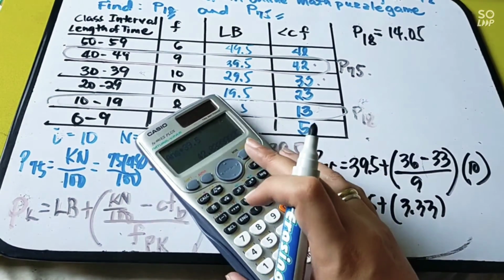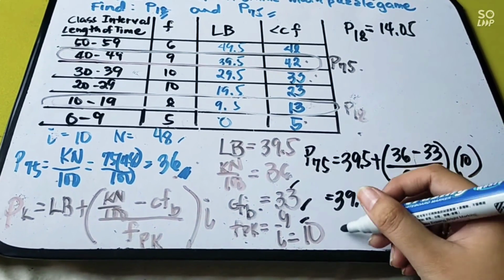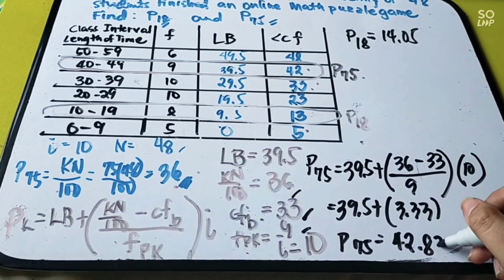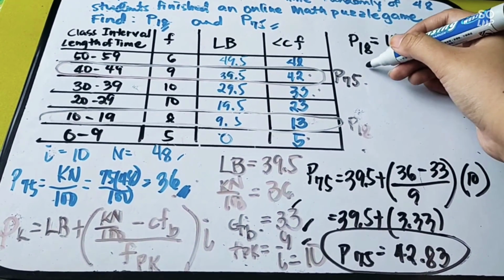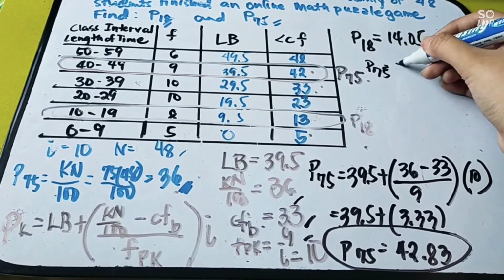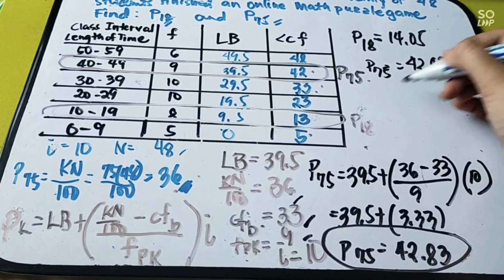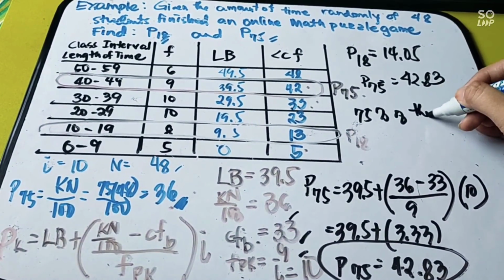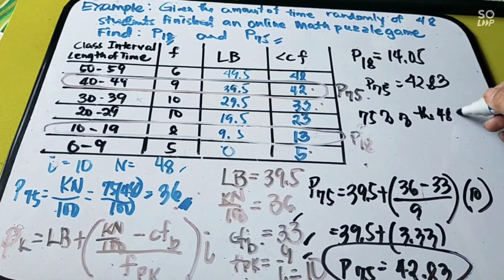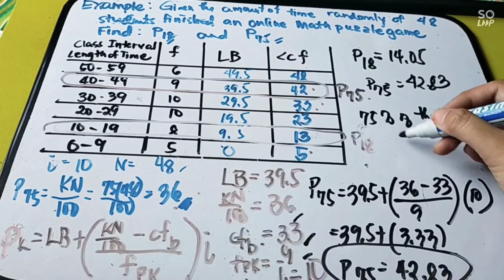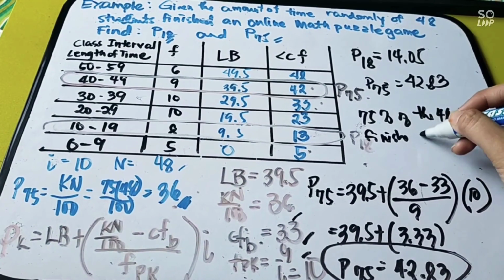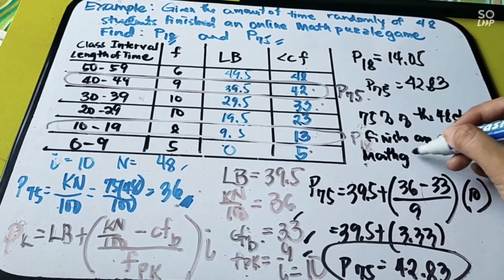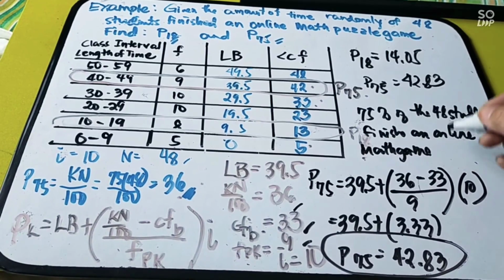So, the answer is 42.83. So, P sub 75 is 42.83. Yan. So, meron ka na. P sub 75 is equal to 42.83, meaning 75% of the 48 students finish an online math game puzzles.